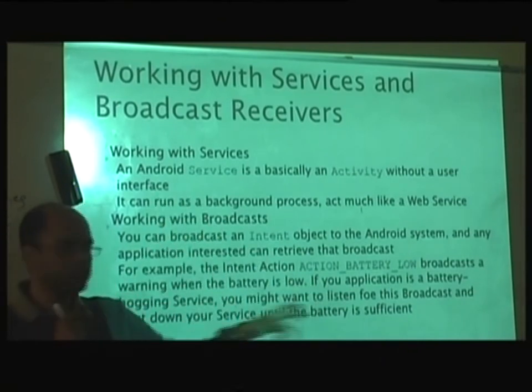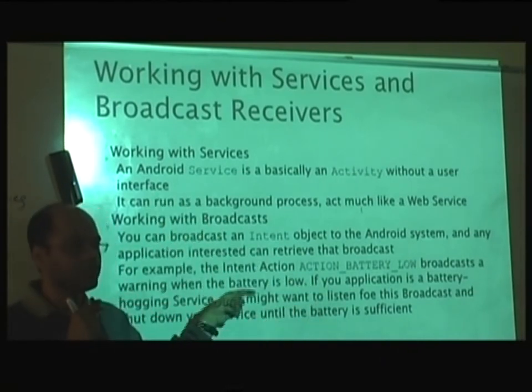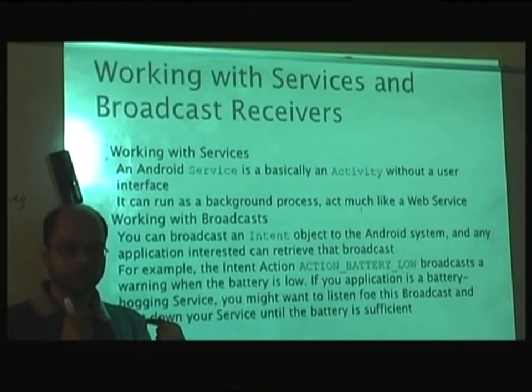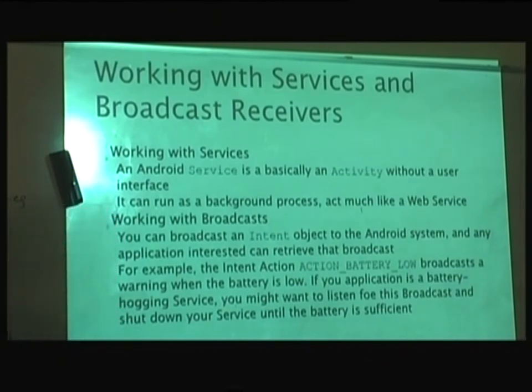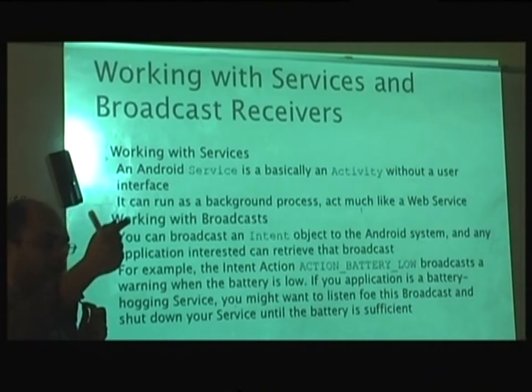You can also receive a message saying the phone is connected to the wall power and is being charged. When that is done, you can back up your phone. For example, in the latest operating systems, iOS, if I connect my phone to the wall power and there is Wi-Fi access, then only it backs up to the cloud. Otherwise, it does not.